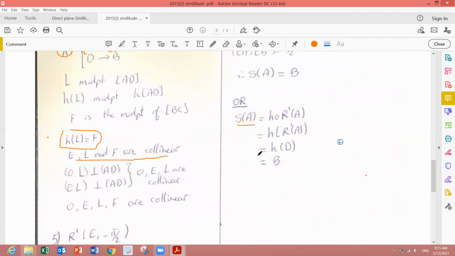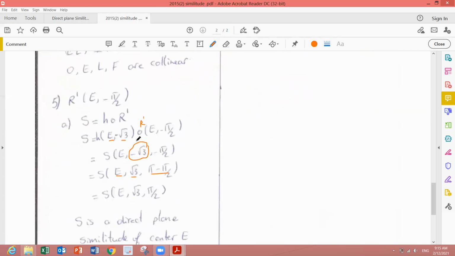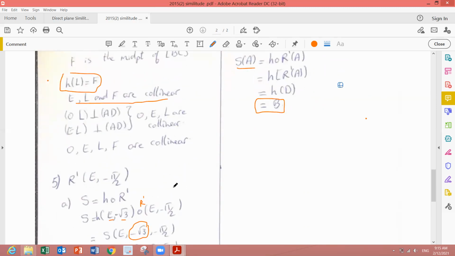Okay. Yes. Did you like this method? And the first method, how? What did we get for H round R prime? We got a similitude of center E, ratio radical 3, and angle pi over 2. What are we going to verify?